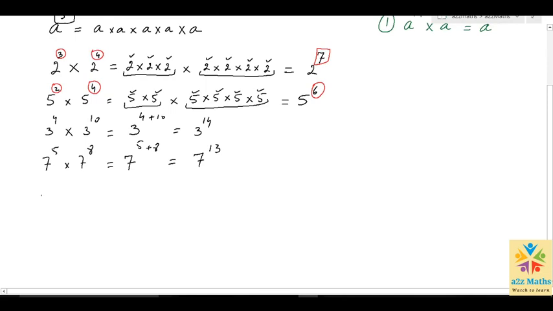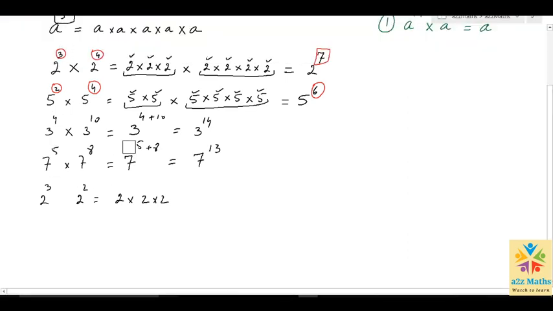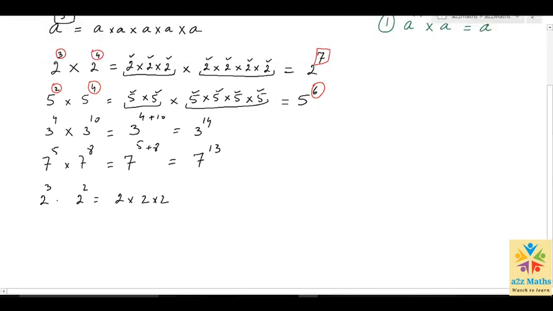The first number is 2 cube, and with a plus sign I have plus 2 square, that is 2 times 2 times 2 plus 2 times 2. Can we apply the same law with addition?